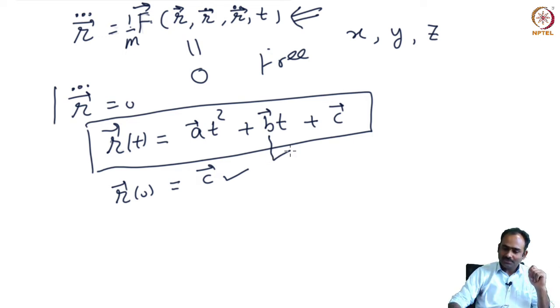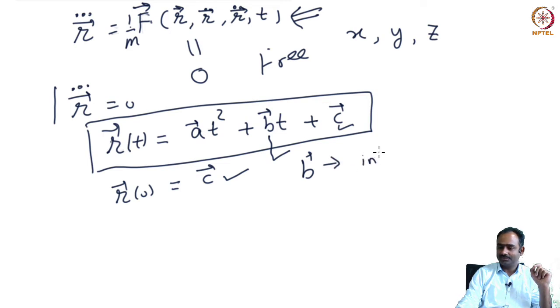Similarly, the B you will be able to fix by telling how fast it was moving or what the velocity was at time t equal to 0. You take one derivative, this C will be gone, this will leave only B behind, and this will involve t, put t equal to 0, this term is also gone, so you have only B left. So you will be able to fix B by initial velocity.